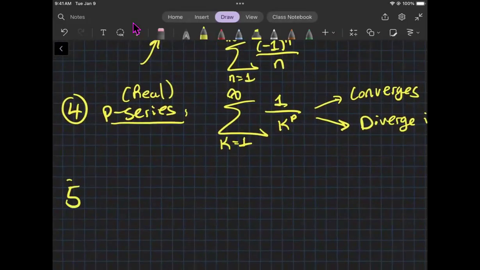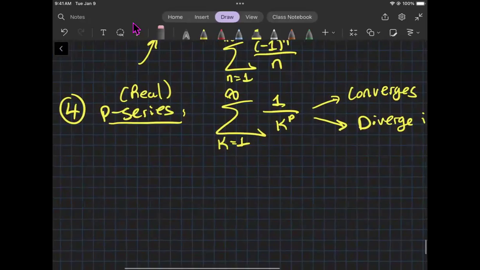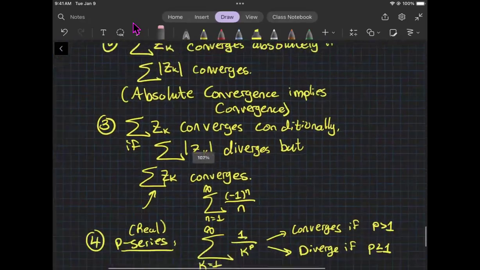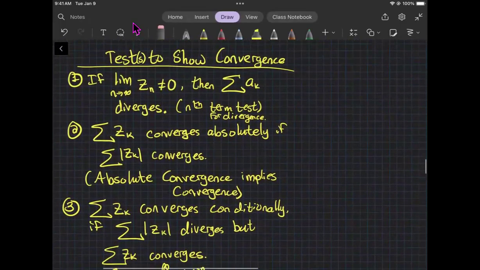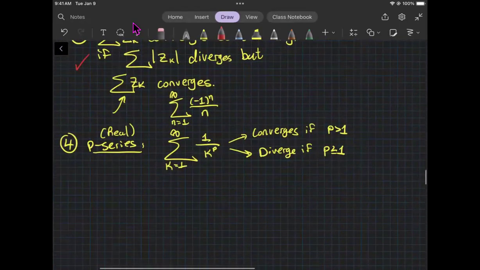So these are the different tests for series that you'll see in the context of complex numbers, right? So the test for divergence, the nth term test, this is absolute convergence, this is conditional convergence, and sometimes you'll see problem sets where you'll recognize what a p-series is in terms of the real numbers, okay?